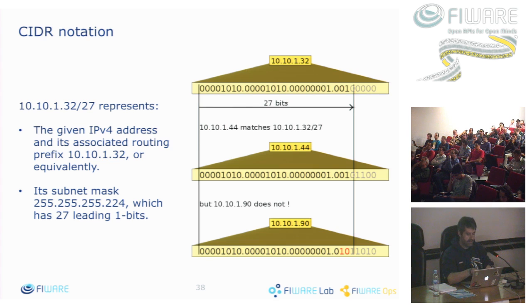I only have to change the rest, from 27 to 32. What does this mean? If I have, for example, 10.10.1.44, it's not working in this network. No, it's working. Okay, it's not working, 90. Why is 90 not working? Because you see that you have a 0, 1, 0 at the end in red. This is not a valid IP address for this network. Do you understand it?